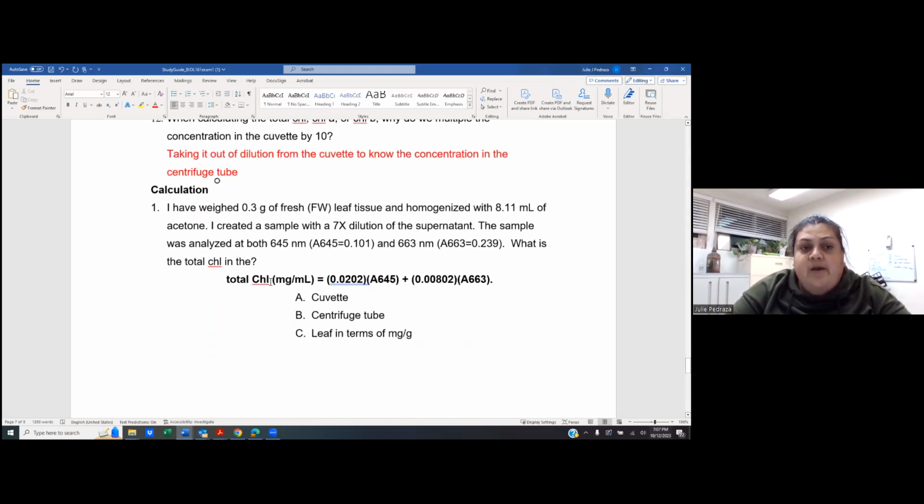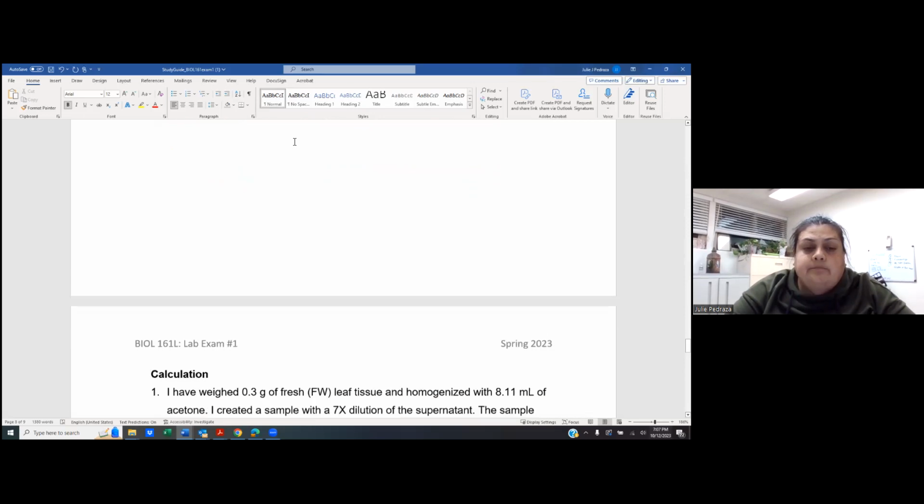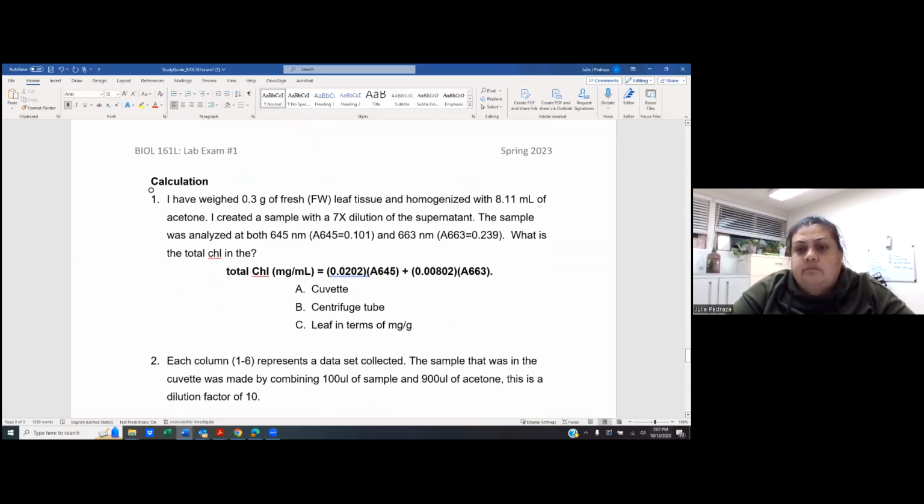Okay, so now we're here with the calculations. It says that we weighed 0.3 grams of fresh weight tissue, and we homogenized it with that little glass thing.